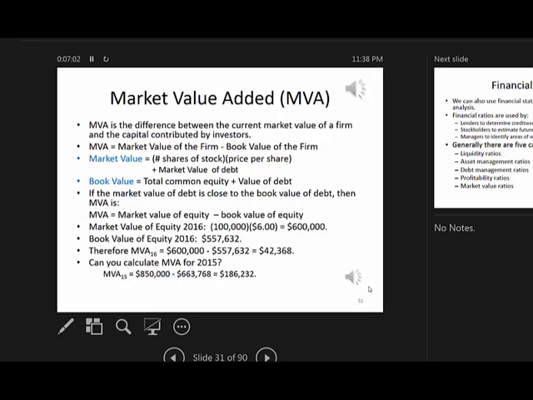So therefore, MVA, market value added for 2016, is the market value minus the book value of equity, which turns out to be about $42,000. If you calculate the MVA following the same formula for 2015, the market value added for 2015 should be about $186,000 as shown here.